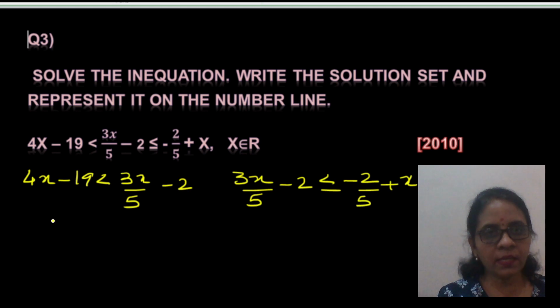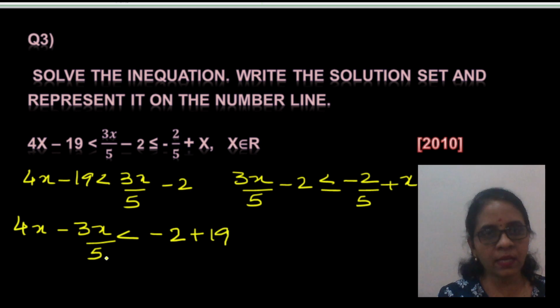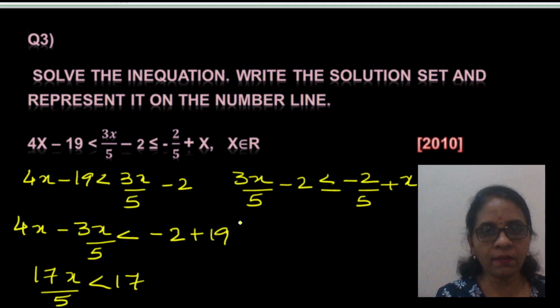4x minus 19, transpose the terms. 4x minus 3x by 5 is less than minus 2 plus 19. 4 into 5 is 20, 20 minus 3 is 17. So 17x by 5 is less than 17, which makes x less than 5.